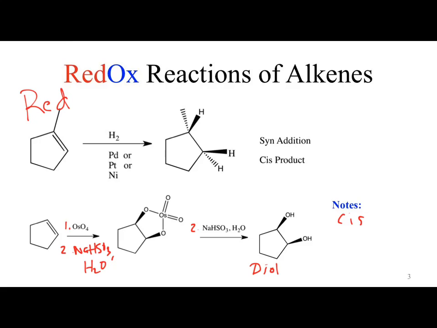So we could look at this as a cis diol. We could also refer to it as a syn addition. You're not responsible for this mechanism. You're responsible for knowing that you generate the diol from the alkene and that the alcohols are added in such a way that they are on the same side of the ring.